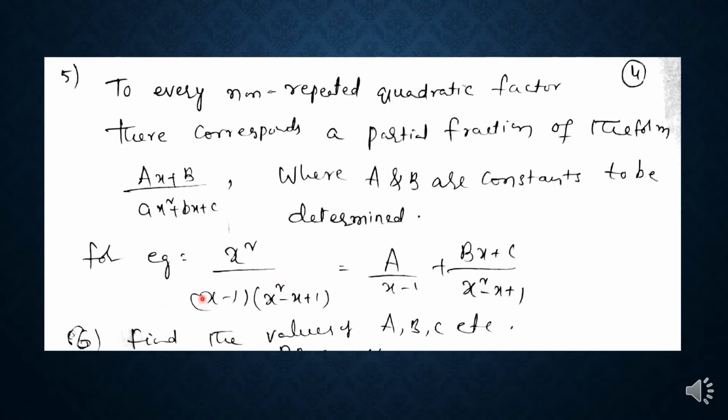So for the linear factor x minus 1, we should take the partial fraction as A by x minus 1, plus the second factor is the quadratic factor, so we should take two terms like this, (Bx plus C) by (x square minus x plus 1). So after writing this, we can solve for the values of A, B, C and substitute them in the partial fractions.